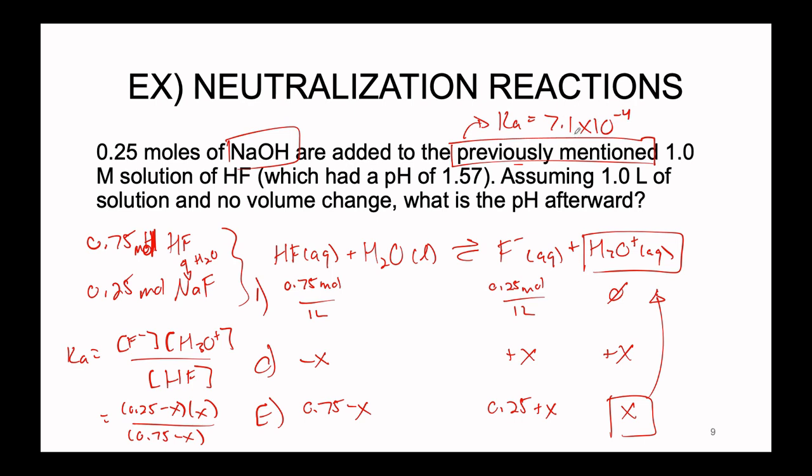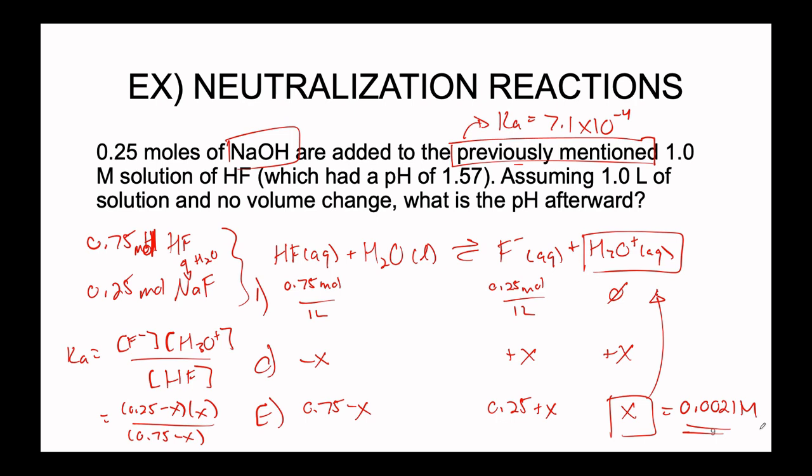Now, I'm jumping over the math here. Please fill in the blanks. The X that I found in rearranging and solving is 0.0021 molar. I went through the process of using the quadratic equation, solving my math algebraically that way, but here is the X value that I have calculated.